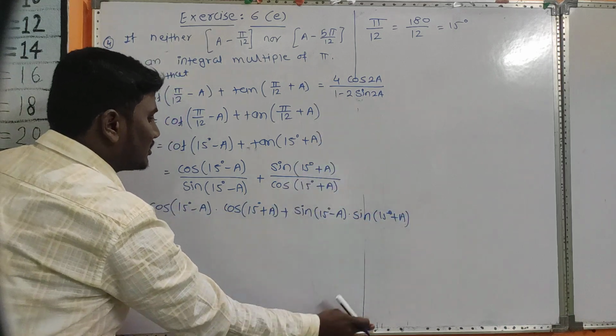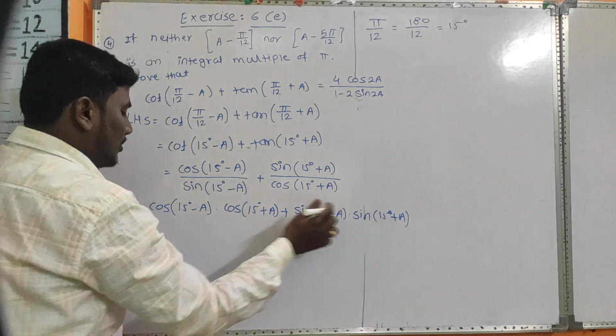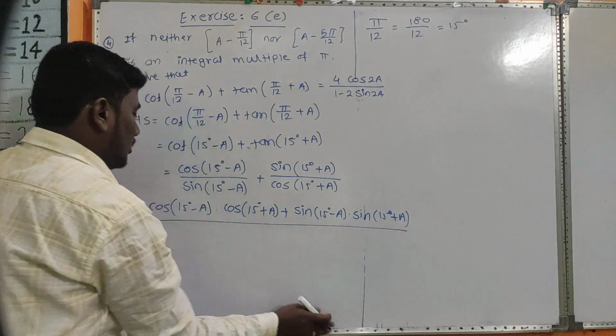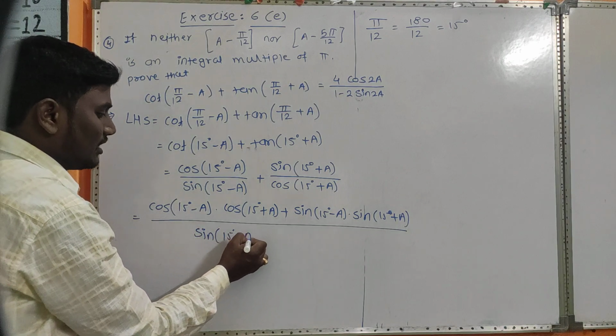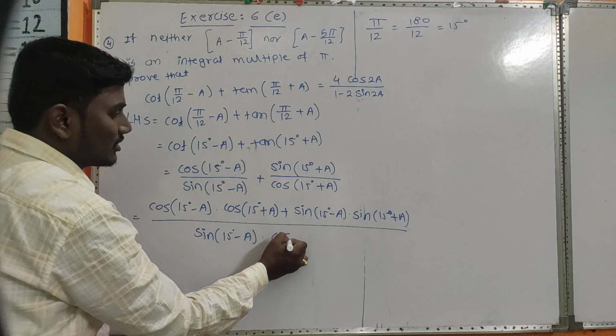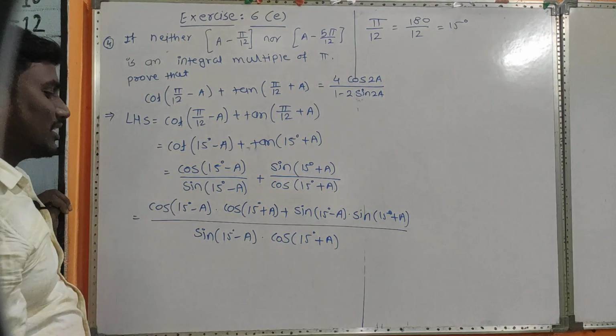So we know that cos A cos B plus sin A sin B, and here we have sin(15 degrees minus A) into cos(15 degrees plus A) in the denominator. So what can I use?